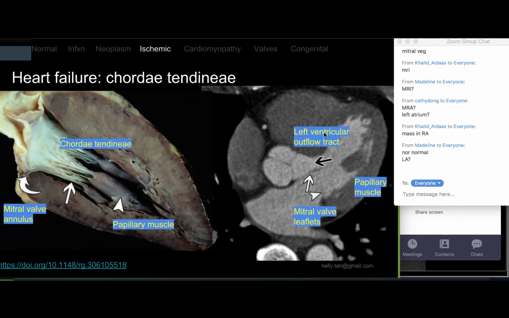And this is the septum, interventricular septum. So things that can obstruct the outflow tract, we'll review both primary valvular disease as well as structural obstruction. But here you can see the chordae tendineae well, attached to the papillary muscles, and here is the mitral valve.